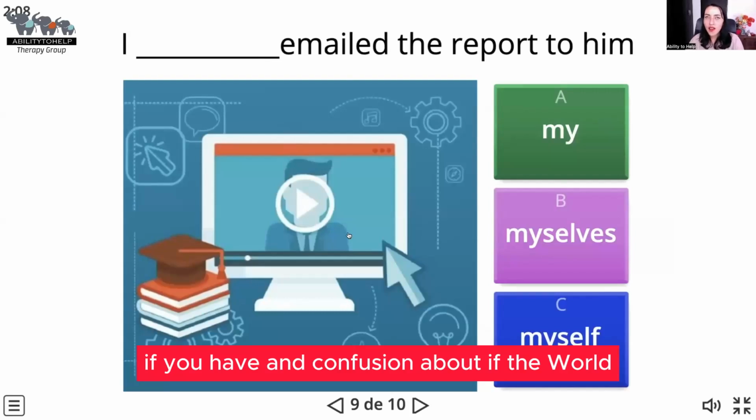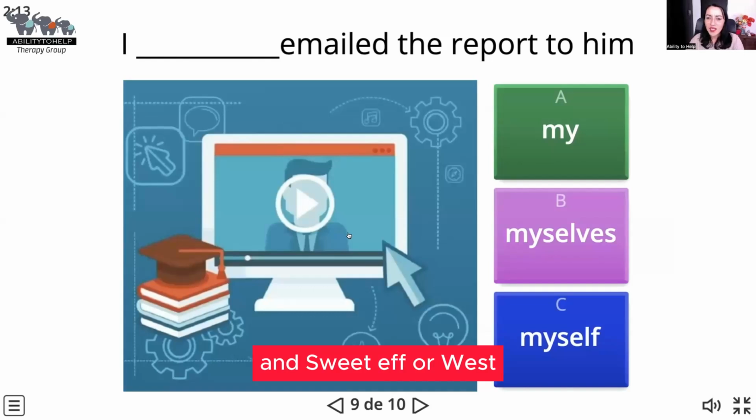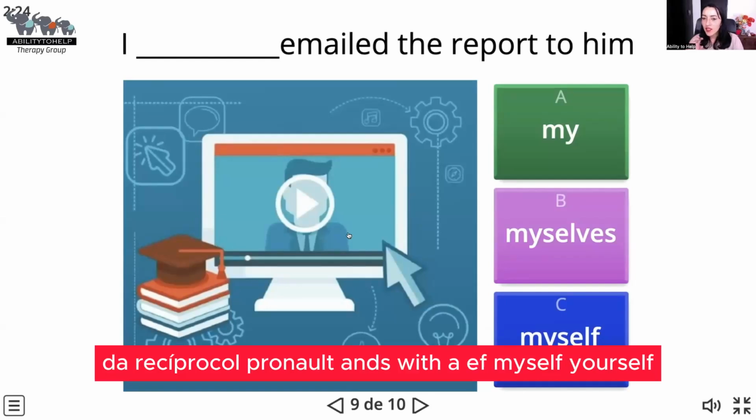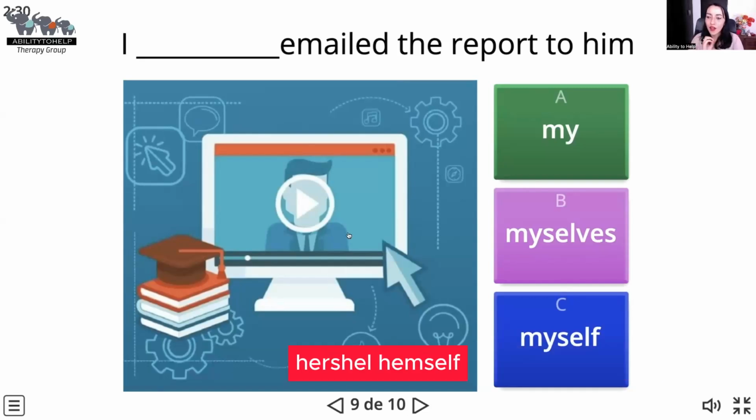If you have confusion about whether the word ends with F or this, it's really simple to understand. When you talk about just one of them, the reflexive pronoun ends with the F. Myself, yourself, herself, himself.